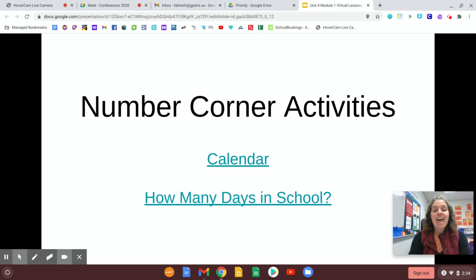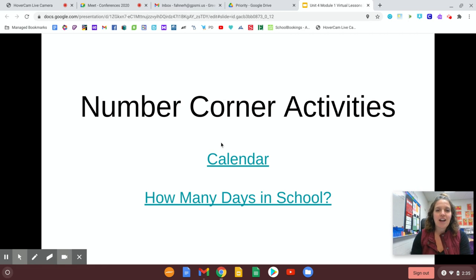But to get us started, every day we're going to do a quick number corner so we can continue counting the days that we've been in school, because this is still a day in school. And then we're also going to take a look at our calendar activities, which right now is our fractions.